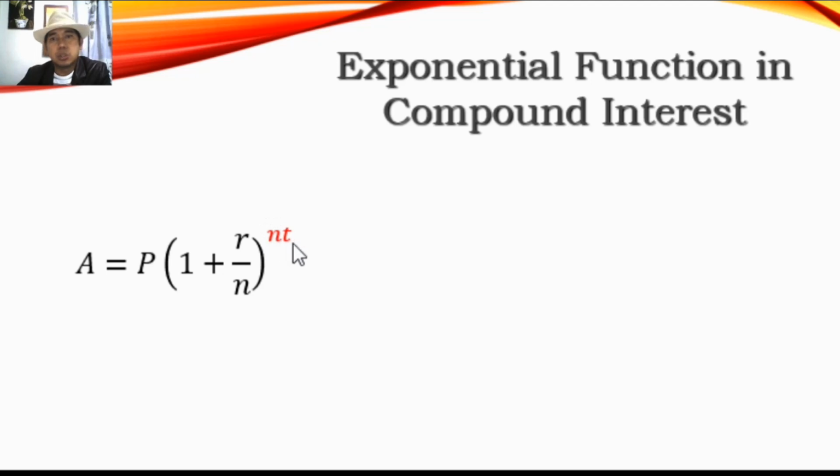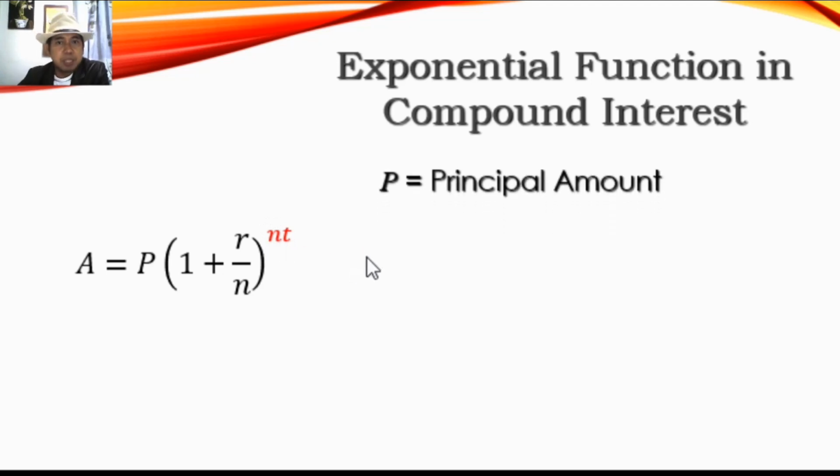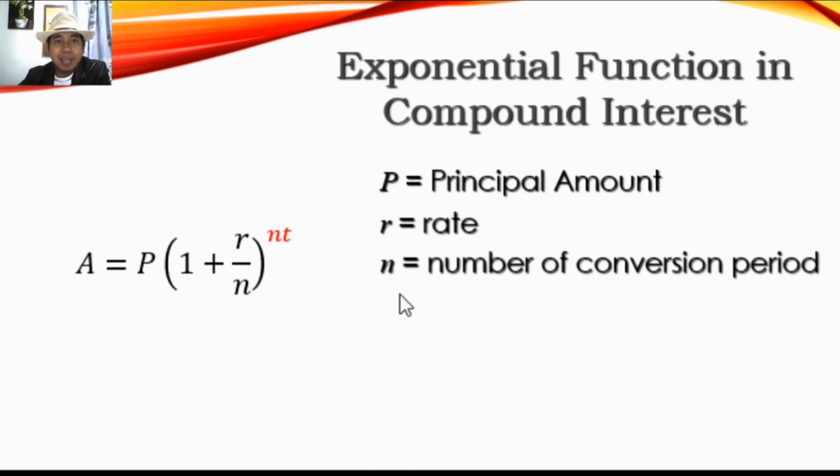Okay, so to continue, P stands for the principal amount. R stands for the rate, and n stands for the number of conversions, meaning the number of applications of interest in a given year.